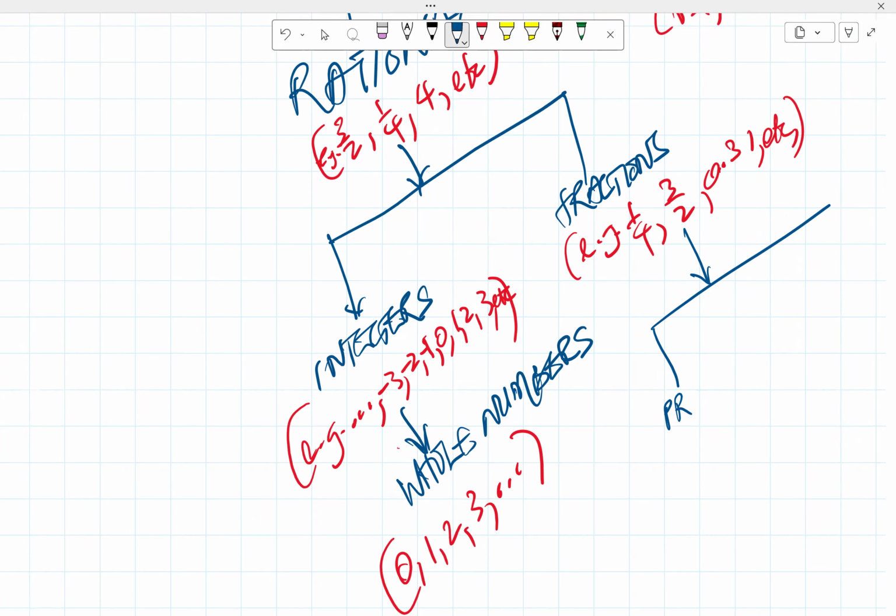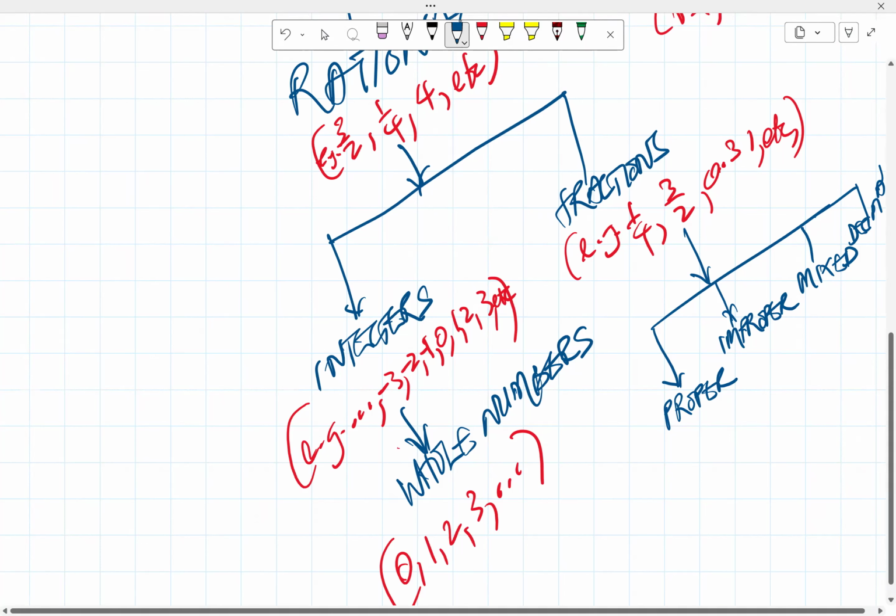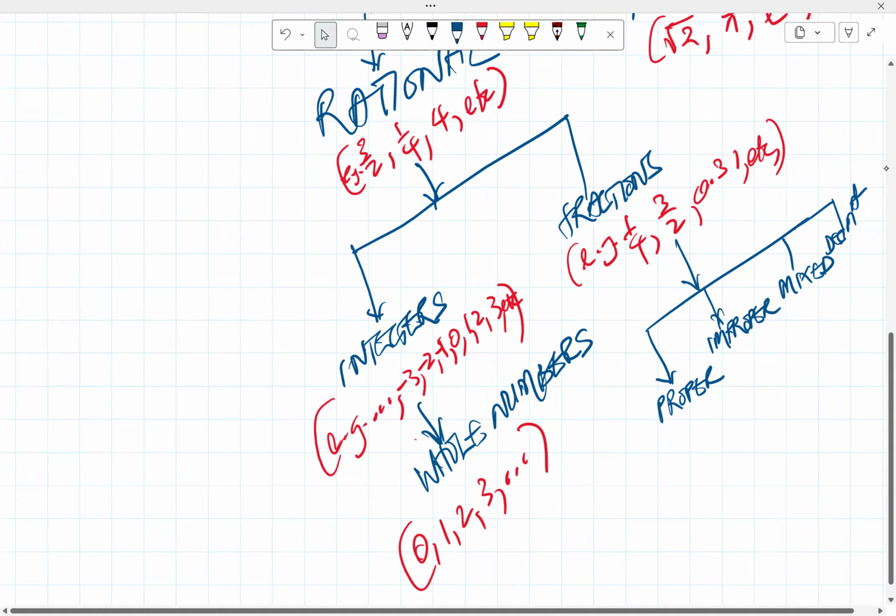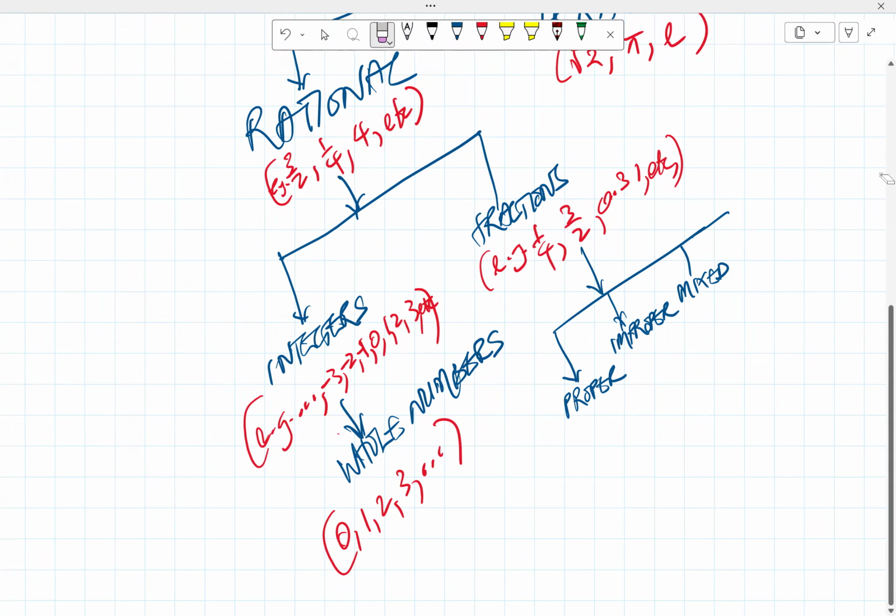We can have proper fractions, we can have improper fractions, we can have mixed fractions, and then we can have decimal fractions. Okay, I think this is me trying to do a finicky kind of classification of numbers.